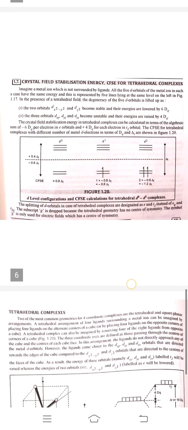As point first, the two orbitals dx²-y² and dz² become stable and their energies are lowered by 6 Dq. Second point, the three orbitals dxy, dyz and dzx become unstable and their energies are raised by 4 Dq.